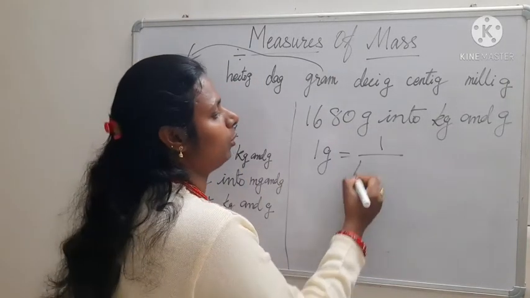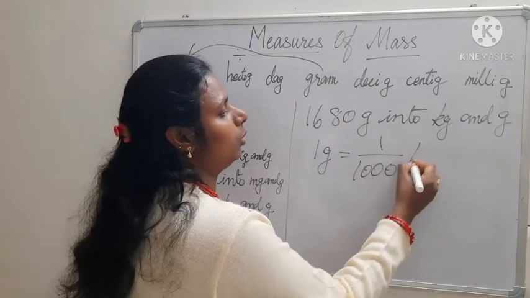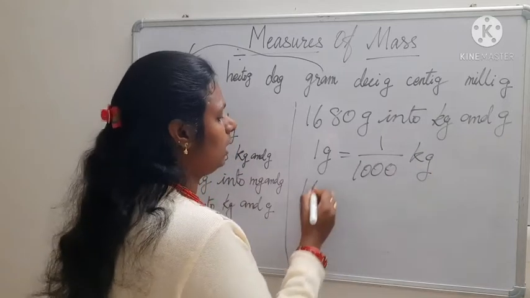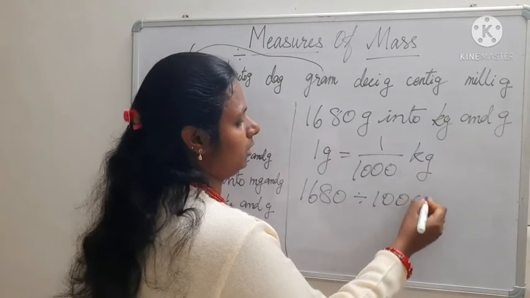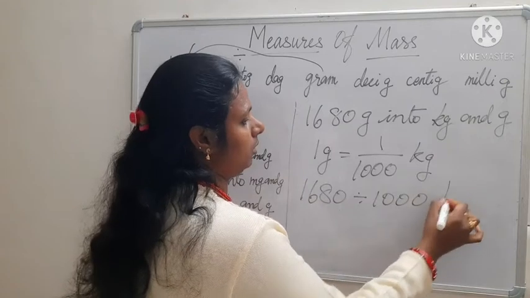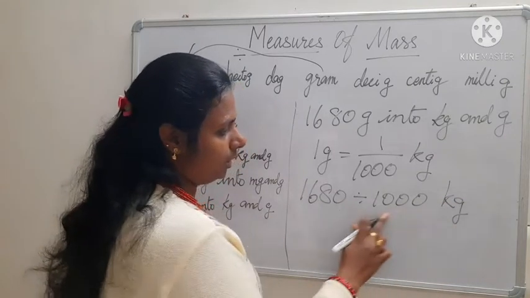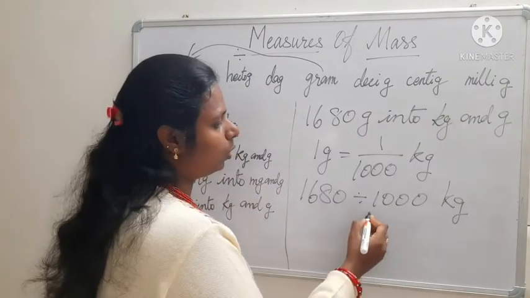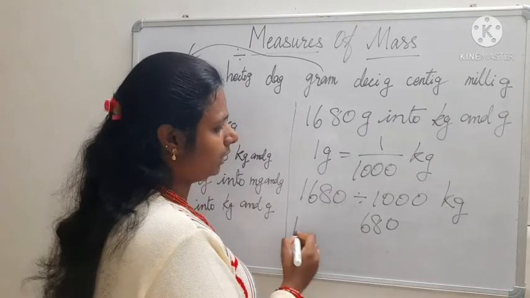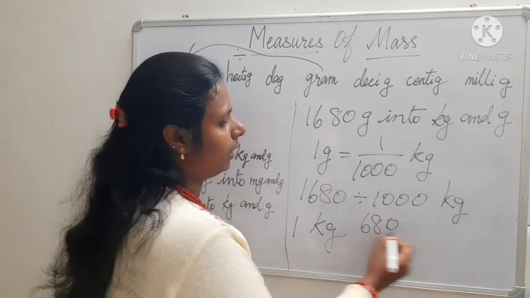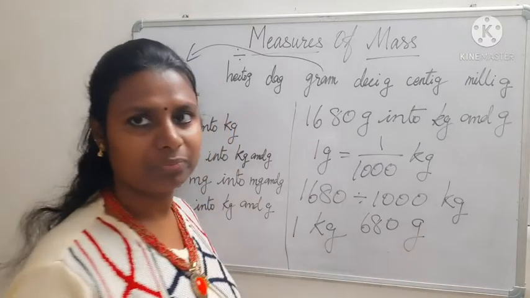So 1 upon 1000 kilogram. So 1680 divided by 1000. Okay. Now 3 digits will go here and 1 left over, and this is going to be kilogram and this is going to be gram.